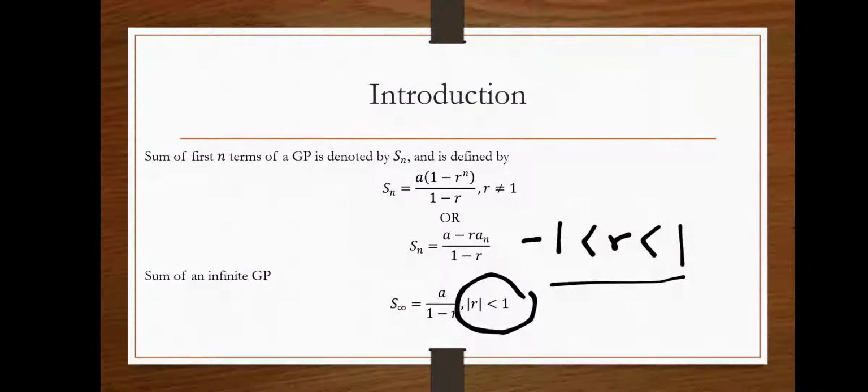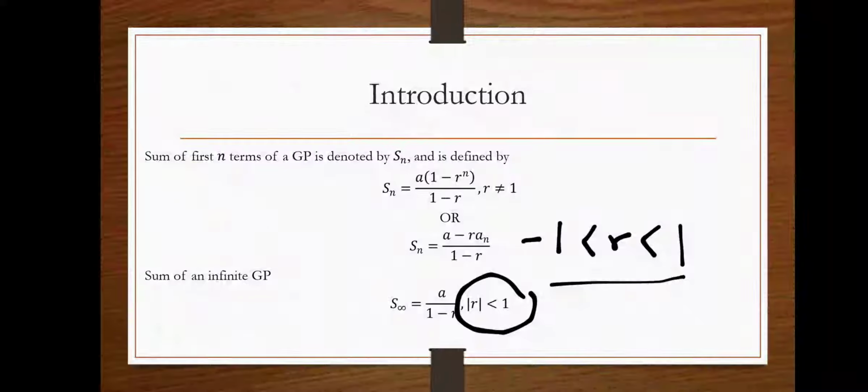So if I don't have the value of the common ratio within this limit, then what happens? Obviously we can think of an infinite GP, but trying to find the sum of an infinite GP won't be possible. Why? Because if r goes more than 1 or less than minus 1, then higher powers of r will be large, and so you won't be getting a fixed sum.